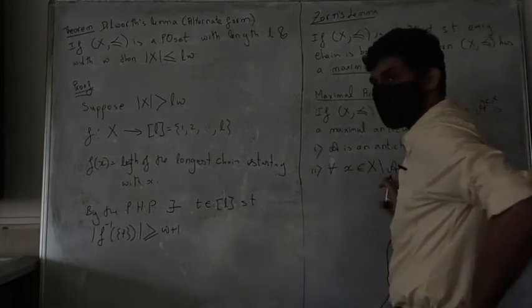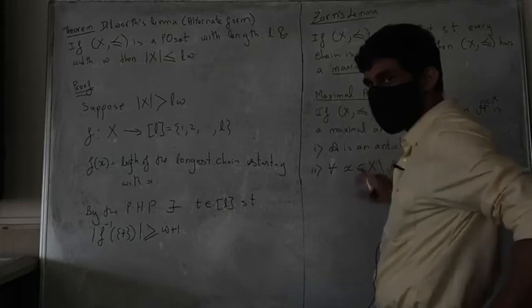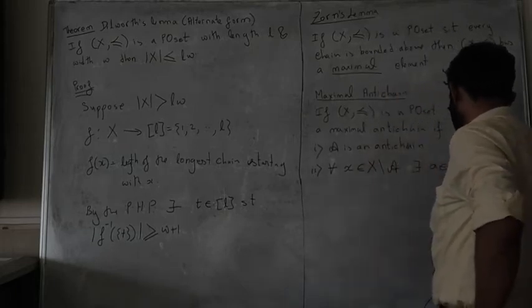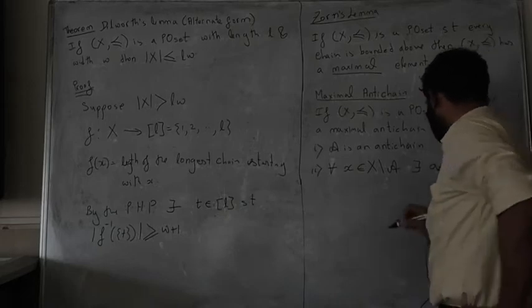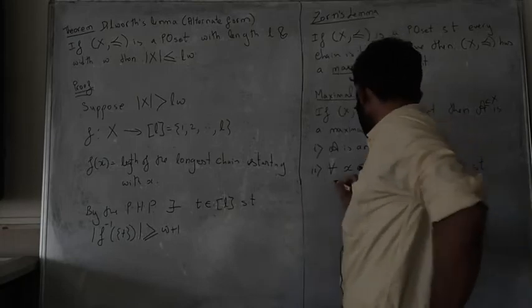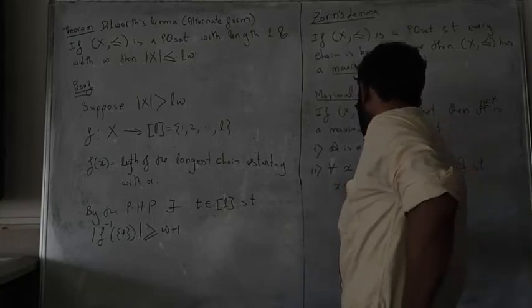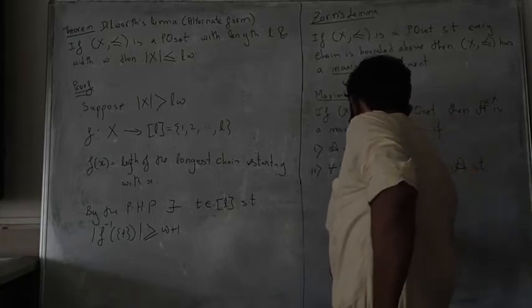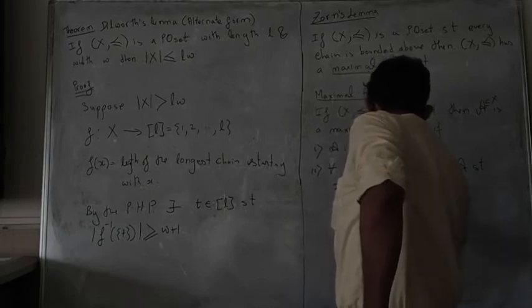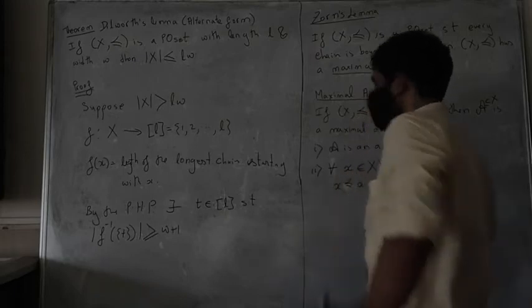So for every x outside A, there exists some a in A such that x is related to a, meaning either x is less than or equal to a, or a is less than or equal to x.